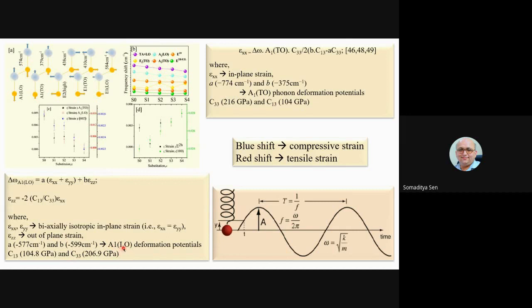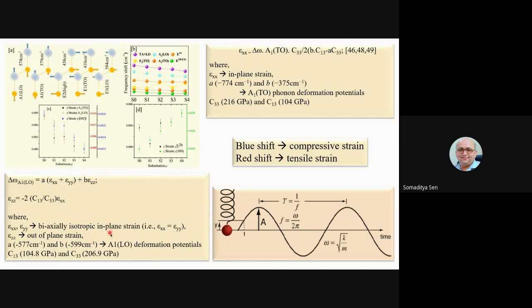In a phonon mode, you need a stretching or bending, right? Those have different deformation potentials, and these deformation potentials can give rise to in-plane or out-of-plane strain.